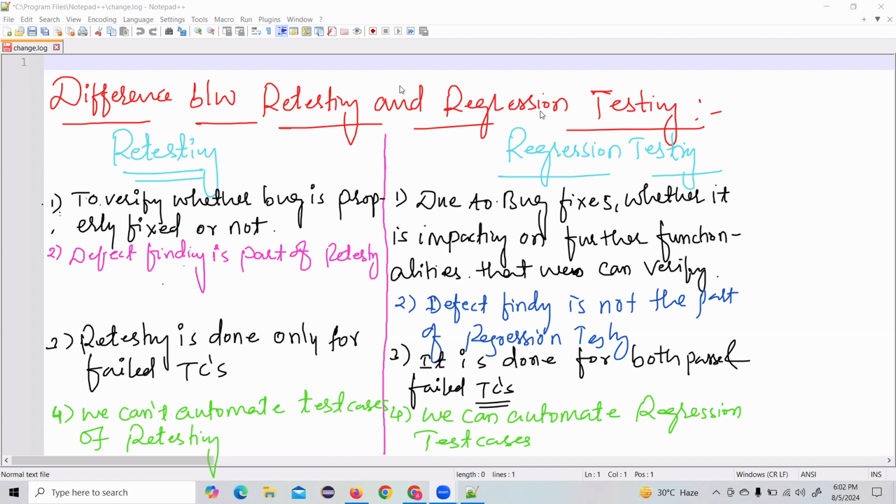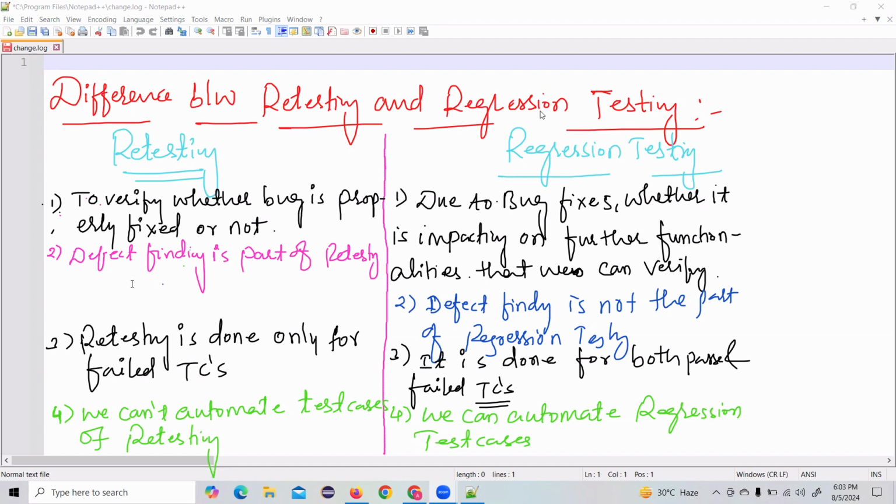If I say only verification, under verification only static testing can be done. But regression is not like that, because we are checking all the test cases, even positive scenarios, even negative scenarios. So we cannot say regression testing focuses only on verifying. Retesting focuses on validating, I agree with this one. But whatever you have written in the second point is a little bit wrong. Okay, fine.